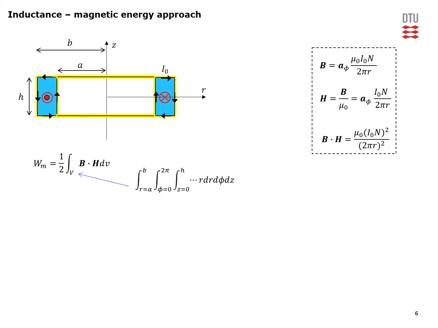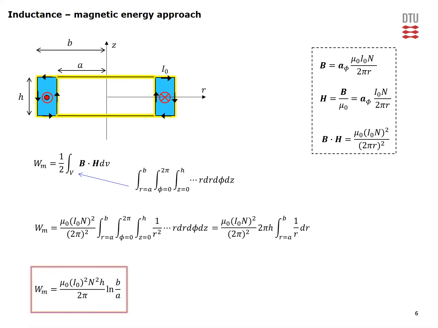And now we have, of course, the volume integral, which is throughout the volume of our non-magnetic core, and this would be an integral in r from a to b, in phi from 0 to 2 pi, and in z from 0 to h, and what you see here is a typical dV element in the cylindrical coordinate system.